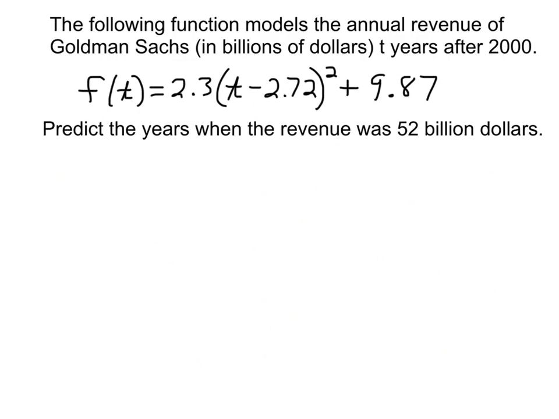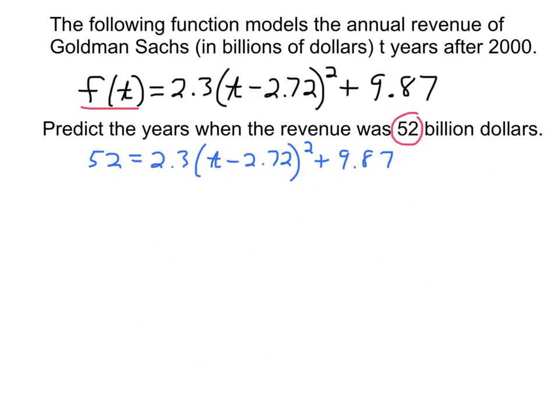So this number 52, we'd want to substitute it in on the left side of the equation. So we'd end up with the equation 52 equals 2.3 times t minus 2.72 squared plus 9.87.